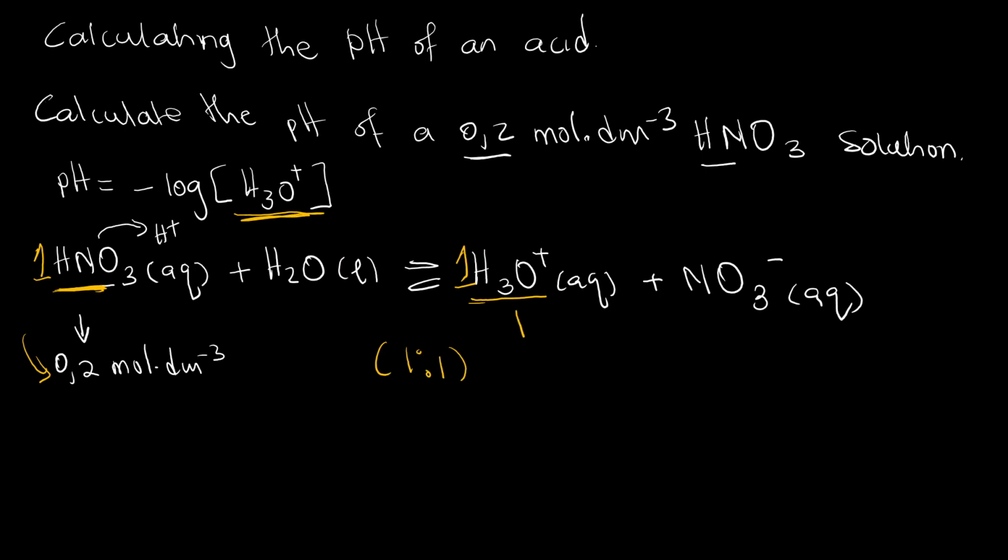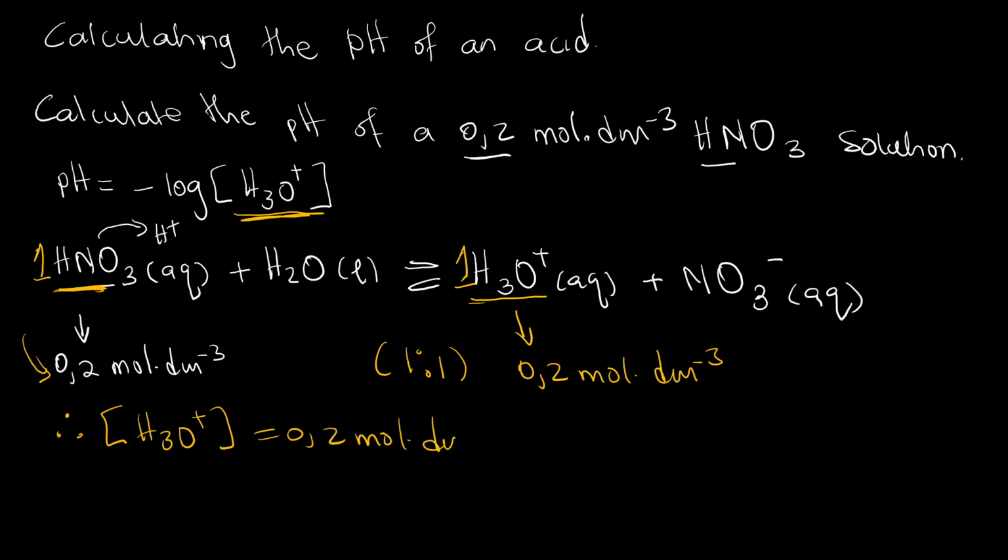So this tells you that this one will also have the concentration of 0.2 mole per decimeter cube. Since they have an equal mole ratio, they will have the same concentration. Therefore, we can conclude that the concentration of H3O+ is equal to 0.2 mole per decimeter cube.